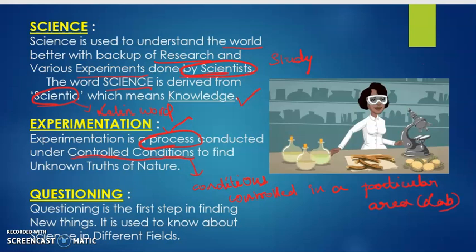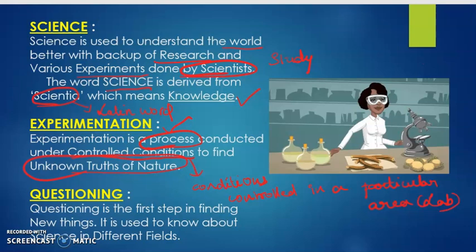When we take a lab, we can control the conditions in that lab in our own way, to find the unknown truths of nature. Generally most scientists work there and find their innovations in controlled conditions.